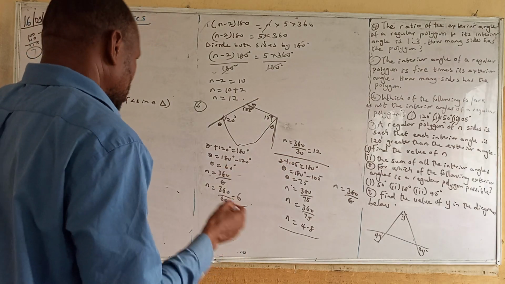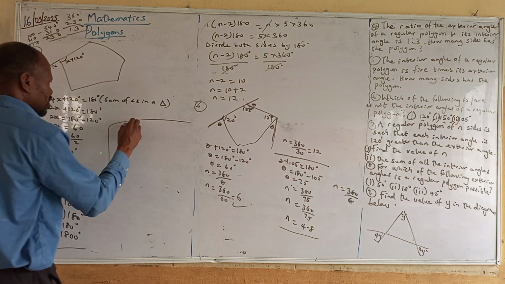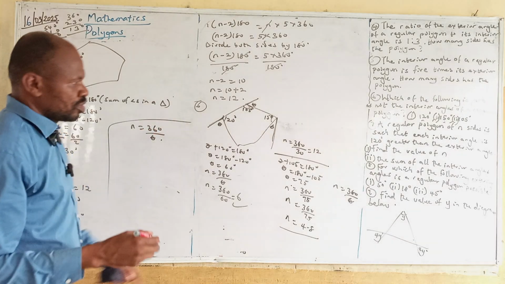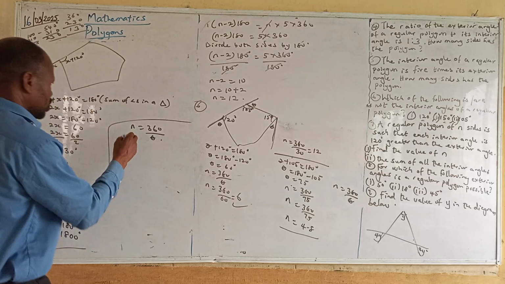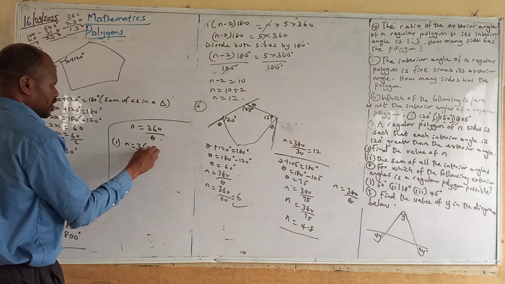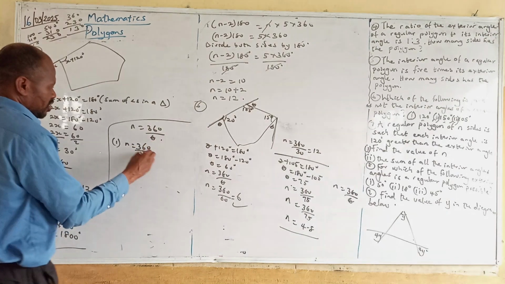Then the last but not the least: for which of the following angles is the exterior angle of a polygon possible? You have been given the exterior angle, so all you need to do is take the first one, 360 divided by the exterior angle, let's say 50.